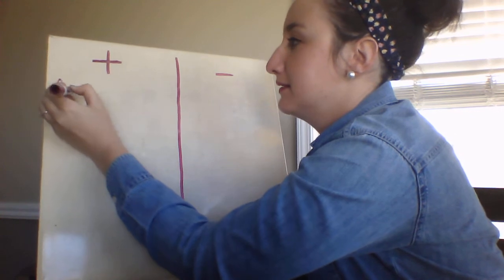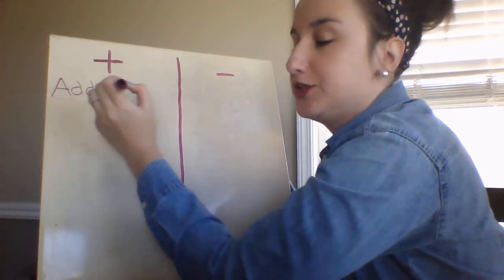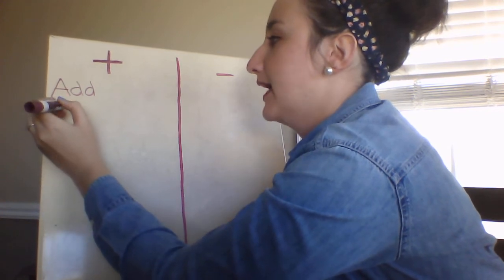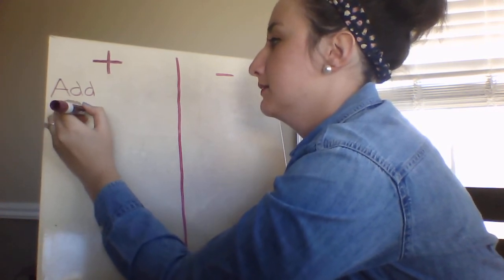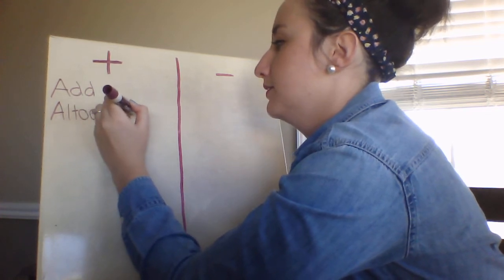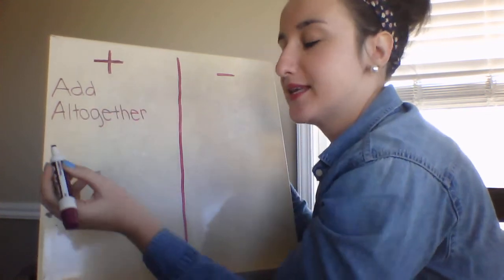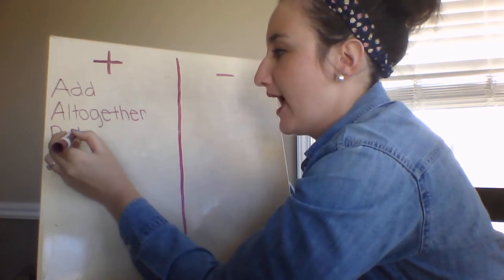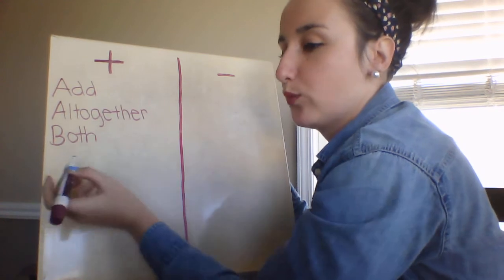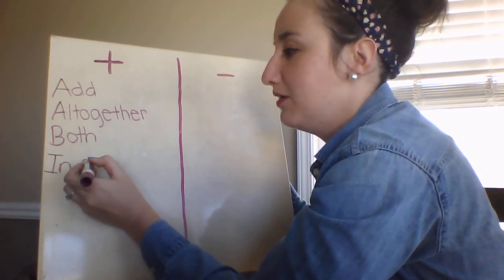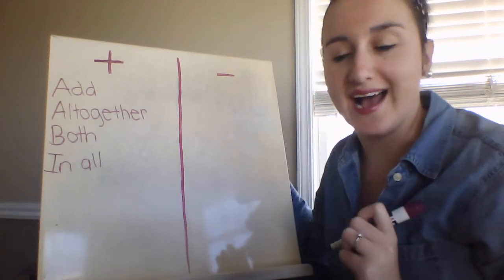So certainly if you see the word add, you know you would add. If you see the words all together, you would add. If you see the word both, you would add. If you see the words in all, you would add.